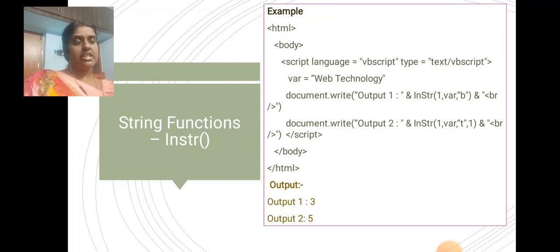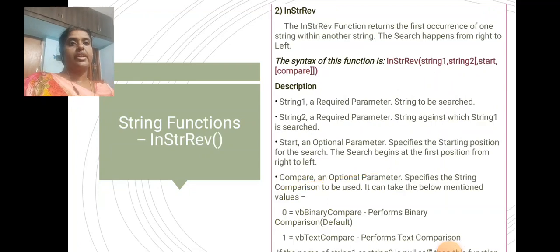Either capital T or small t is considered the same. So I perform the search and find that T is present as the 5th character. W is the first character, E is the second, B is the third, space is the 4th and 5th is T. So this is how your InStr function works.